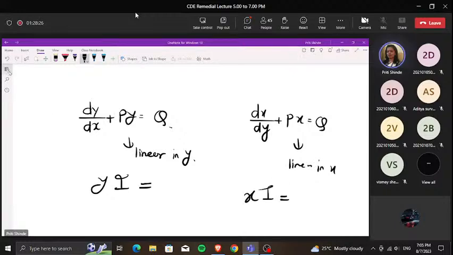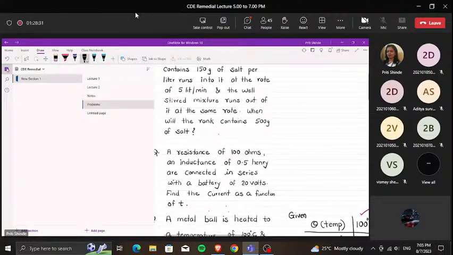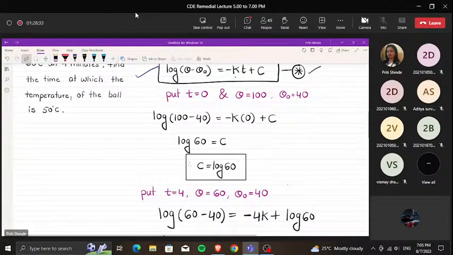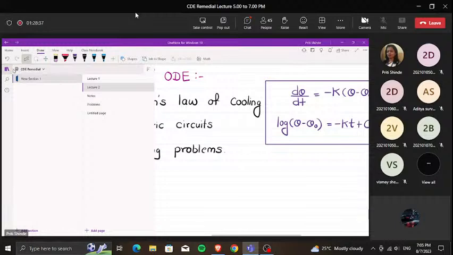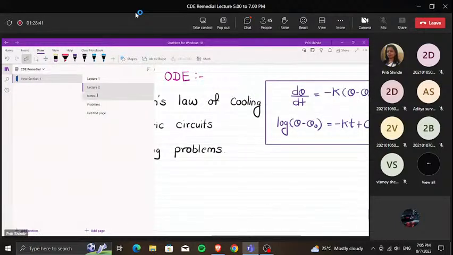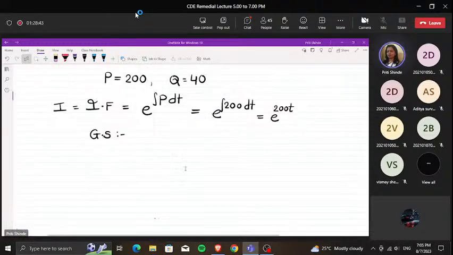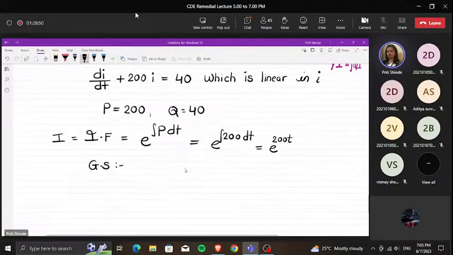Now this differential equation is linear in small i. So what is the general solution?